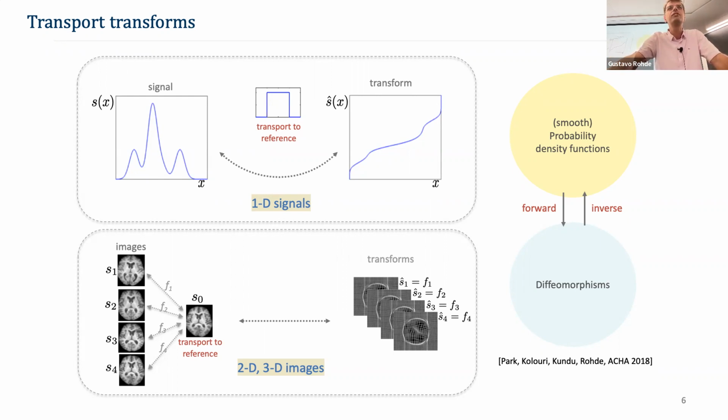So let's say we have a reference signal here too, and this could be the uniform distribution. We can apply a very simple basic change of variables in probability distributions to find what is the map that I need to push forward this density onto that one. And if I know the reference and the push forward map, I can also, yeah.